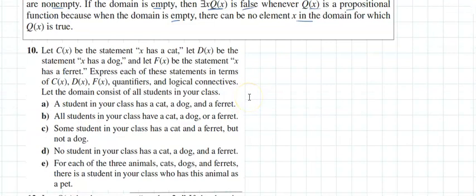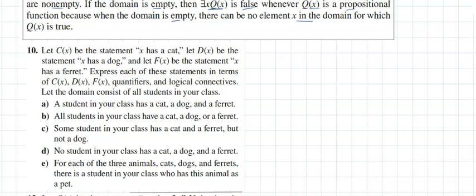And looking at number 10 really quick, it states, let C of x be the statement that x has a cat, D of x that x has a dog, and F of x that x has a ferret. Express each of the statements in terms of C, D, and F, quantifiers and logical connectives. Let the domain consist of all students in your class.